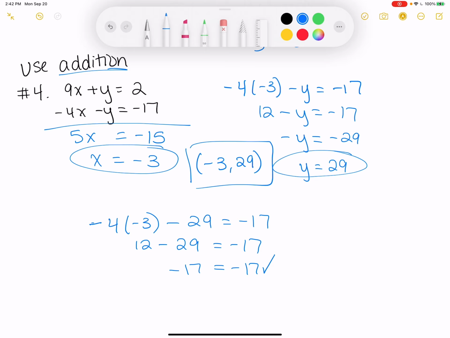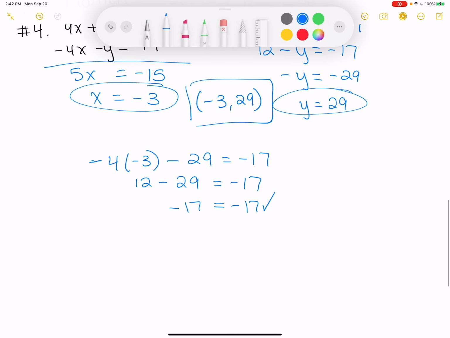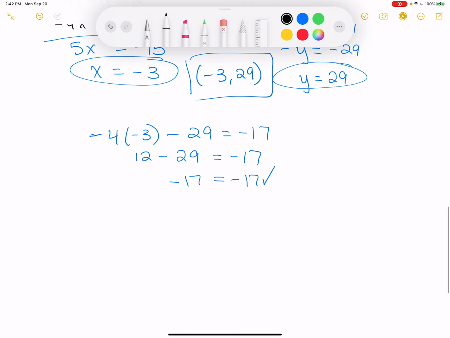All right, so I want you guys to try the next addition one. We do number 6. 3x minus y equals 30, and negative 3x plus 7y equals 6.